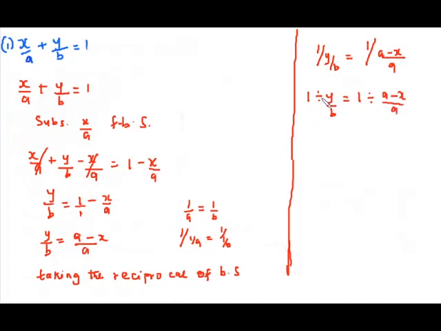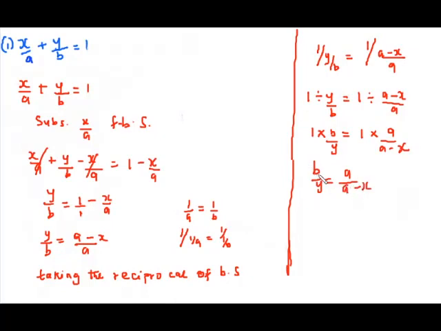So if I switch the denominator and the numerator, it will change the division sign to multiplication. So I'll be saying 1 times b over y is still equal to 1 times a over a minus x, so that b over y is equal to a over a minus x.